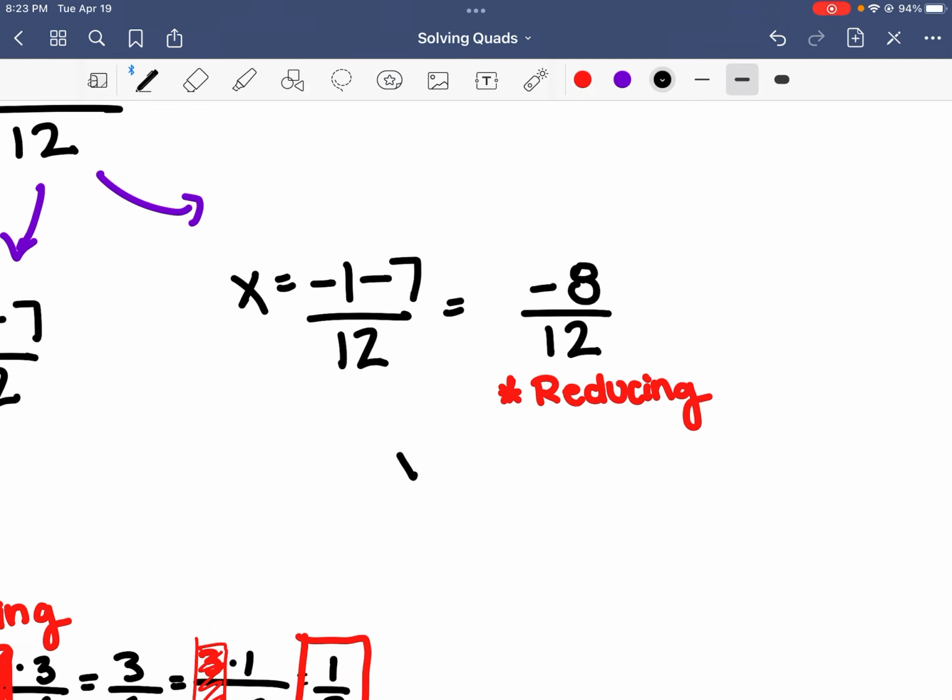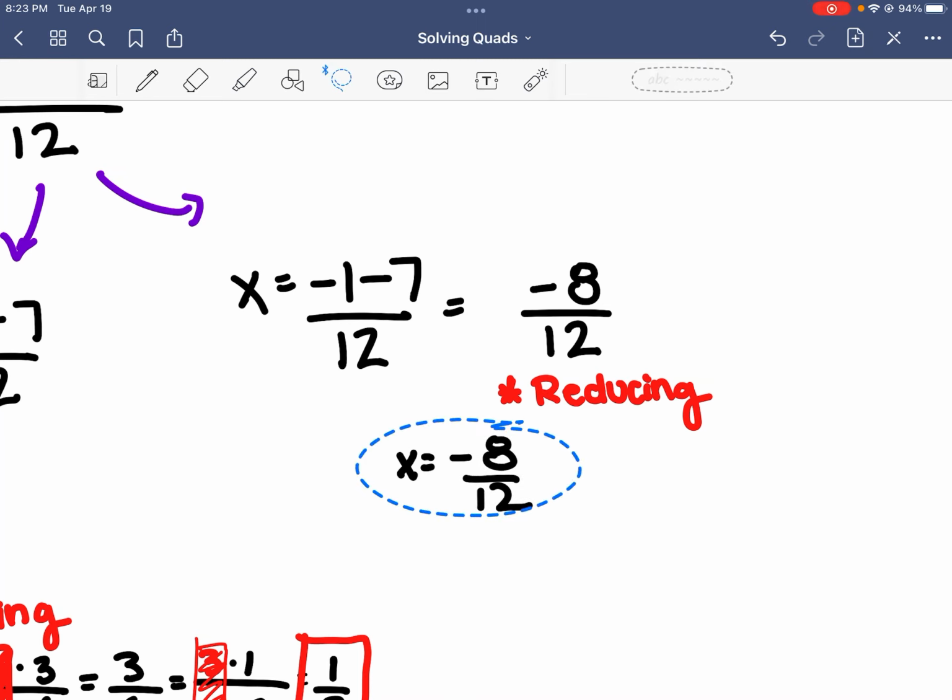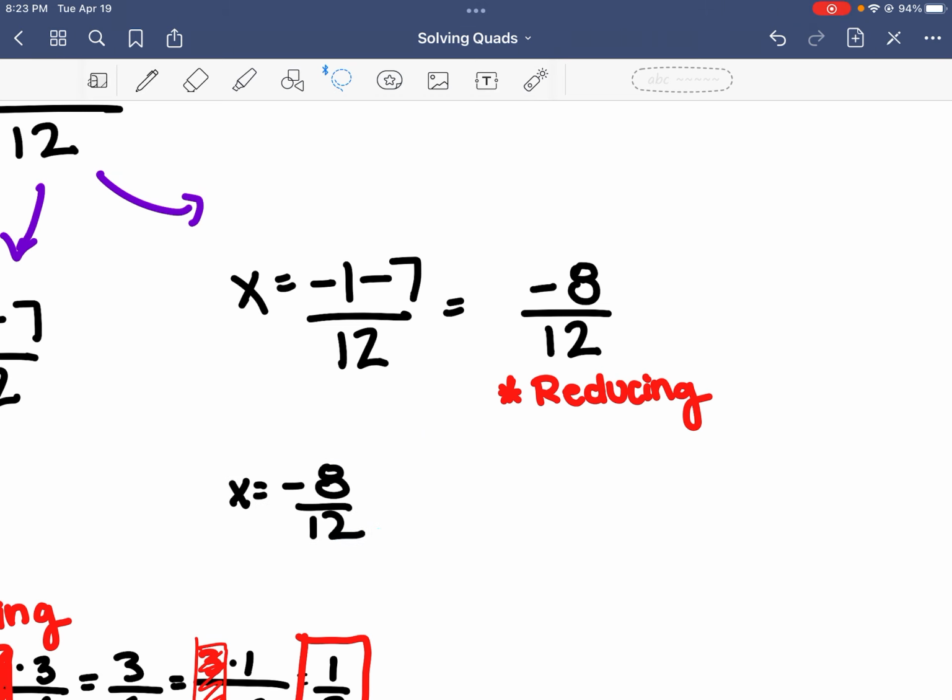So I have x equals negative 8 divided by 12. I'm actually going to move this over a little further over here. So I have some space. So again, both of these numbers are even. So that means that 2 can go into both of these numbers. So I'm going to make my new fraction using 2's.